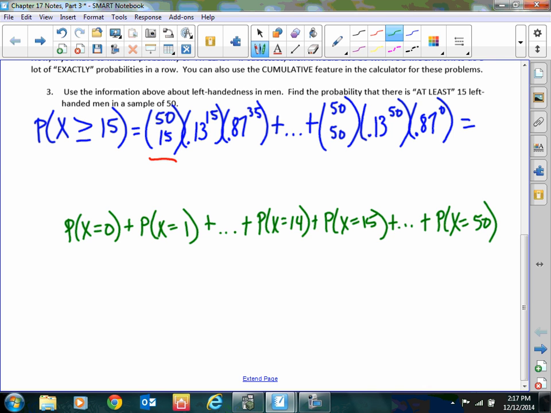All right. So with this problem here, we are going to accumulate what part of the sequence? Good. This part here is what we want. We want to accumulate 15 up to 50 left-handed men. The problem is that the calculator does not have the capability of accumulating from a midpoint up to the top.